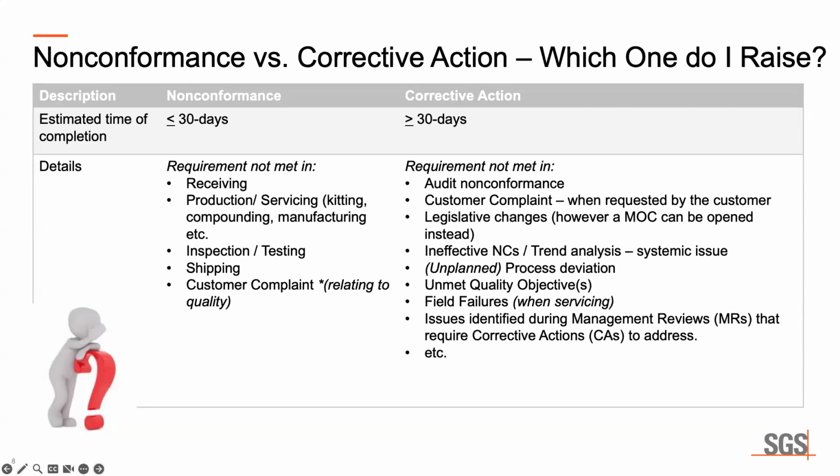In terms of corrective actions, we open up a corrective action whenever we do an internal audit or whenever there is a second party audit that's been done. So for instance, a supplier audit. If you've got a certification audit and you happen to have a non-conformance, or a regulatory audit that was performed at your site and you happen to have a non-conformance, you have to open up a corrective action.